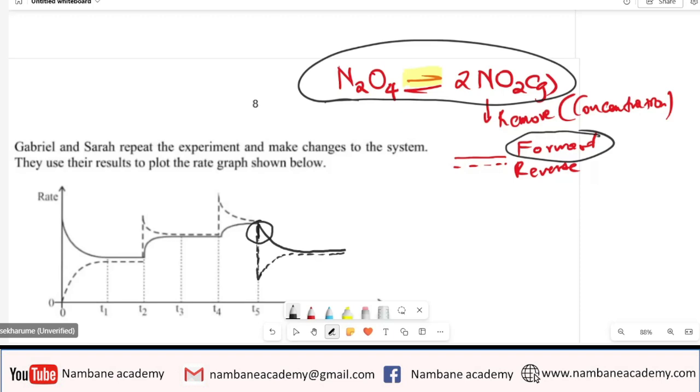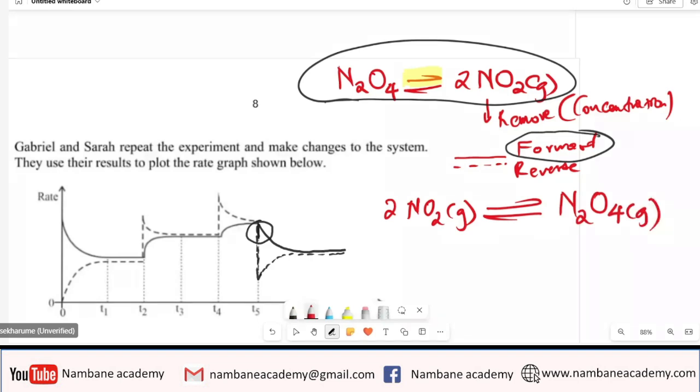But now if the reaction was NO2 like this way, the forward, the reverse, actually it's supposed to be this way, N2O4. So now the graph will be, remember, at T4. So at T4, then at T5.